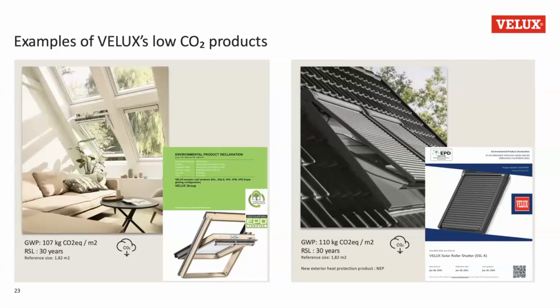Yeah, but what you said is important, but also the products that help us to have a good indoor climate and building performance. So we talk about the shutter. It should be low carbon, it should be aesthetically appealing, but the function of it is also heat protection, right? So it provides a good indoor climate in summer, so that maybe you don't need to use ACs in some countries.